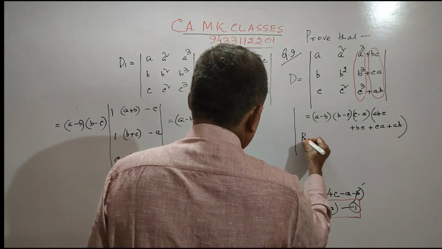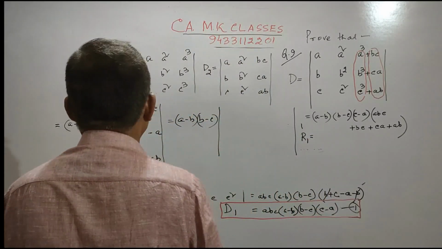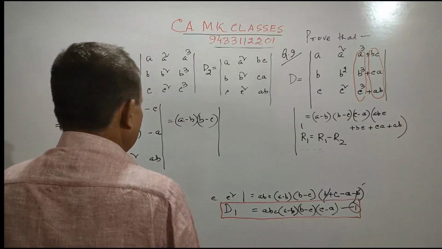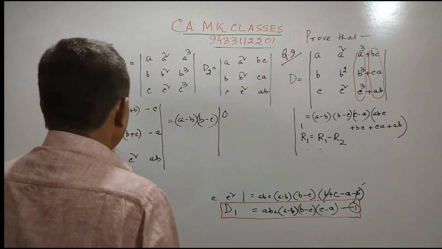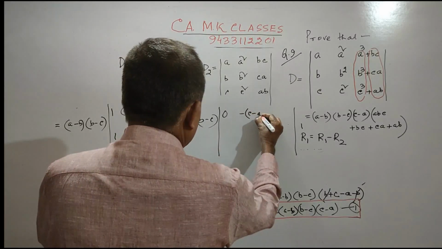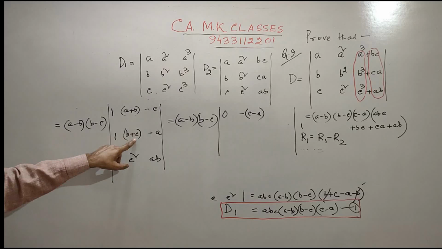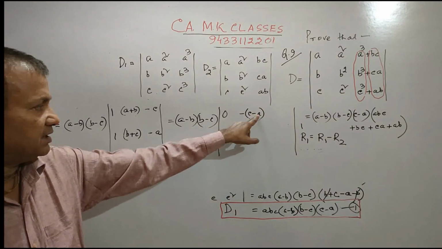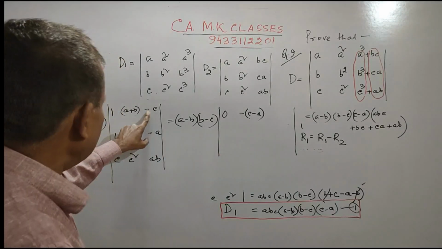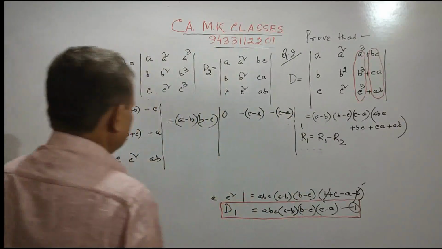I will take r1 dash is equal to r1 minus r2. So 1 minus 1 is 0, 1 minus 1 is 0, a plus b minus c, minus c minus a plus b minus c, b cancels, a minus c we can write as minus c minus a, because here it is c minus a. Similarly, minus c plus a, we can write minus c minus a.